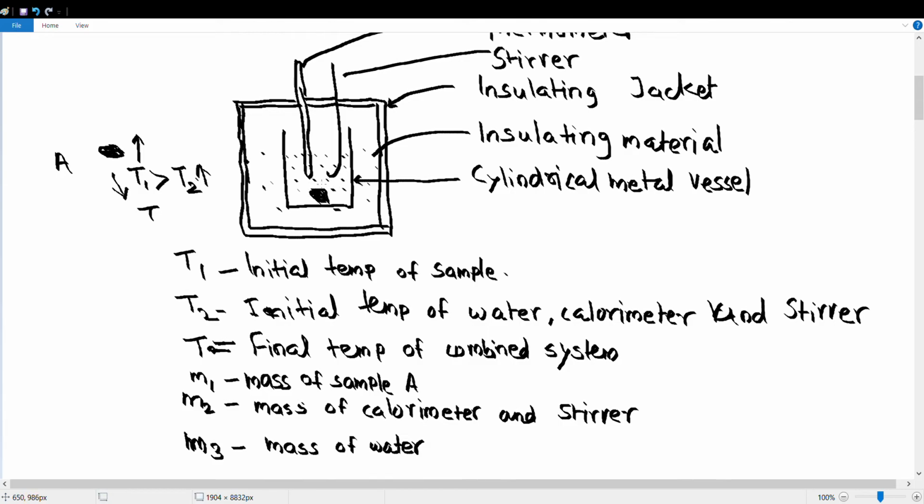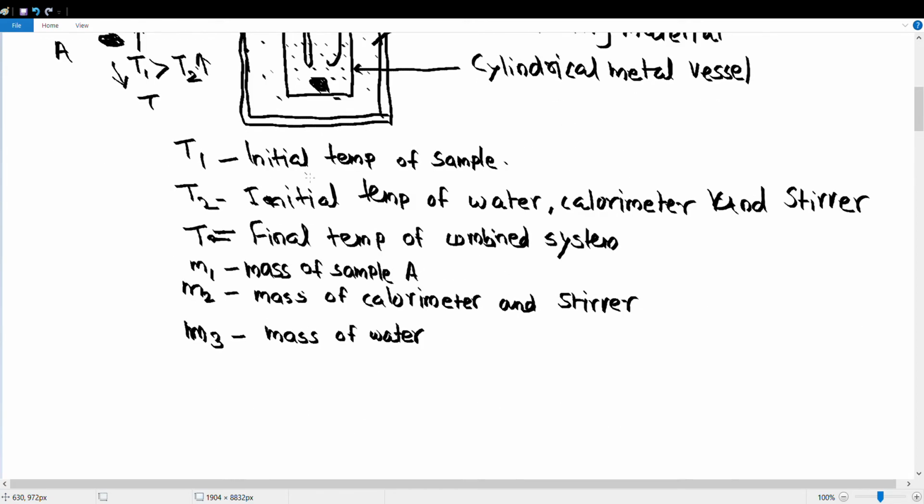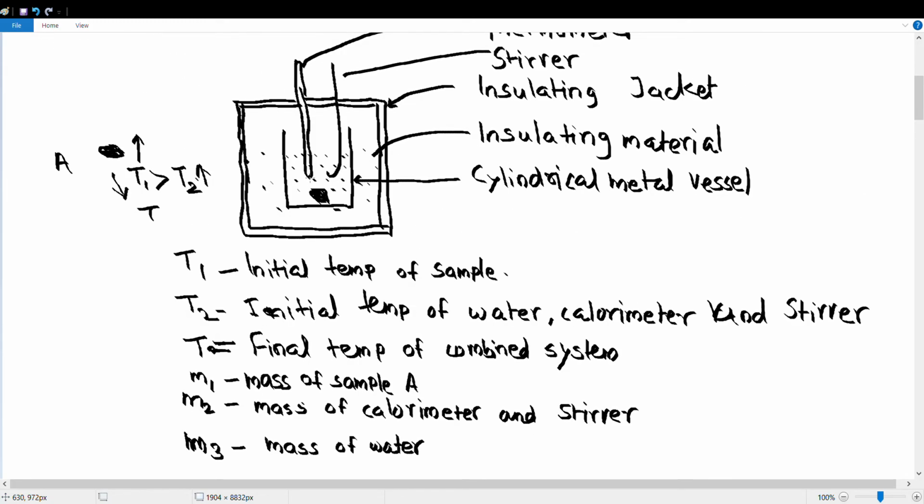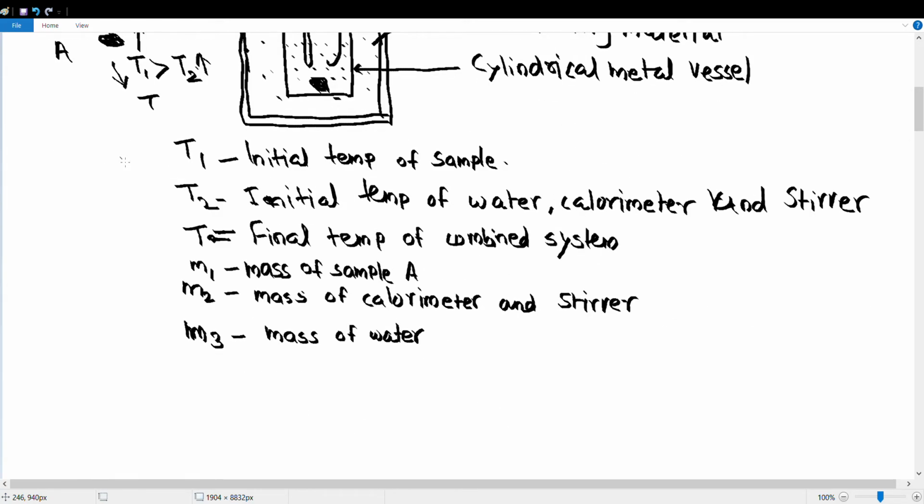So at this stage the calorimeter, the stirrer and this water, they are the gainers. They gain the heat. From whom do they gain the heat? They gain the heat from the sample A, and this sample A is the loser of heat. It loses heat.